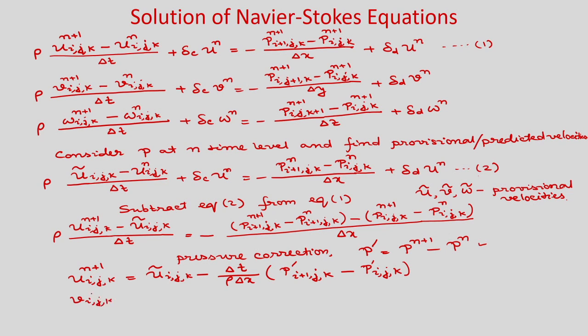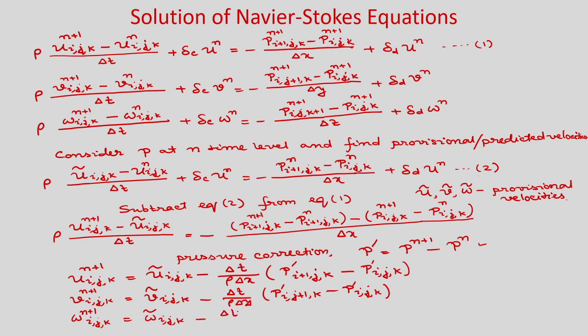Now, similarly, you can write this equation for velocity v and w as v I j k at n plus 1 is equal to v tilde, which is your provisional velocity, minus delta t by rho delta y, p prime I j plus 1 k minus p prime I j k, and similarly w at n plus 1 I j k, you can write w tilde I j k minus delta t by rho delta z, p prime I j k plus 1 minus p prime I j k.